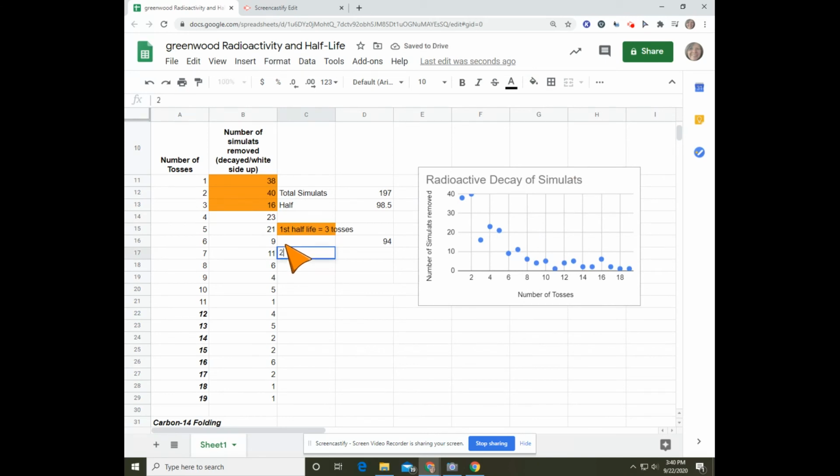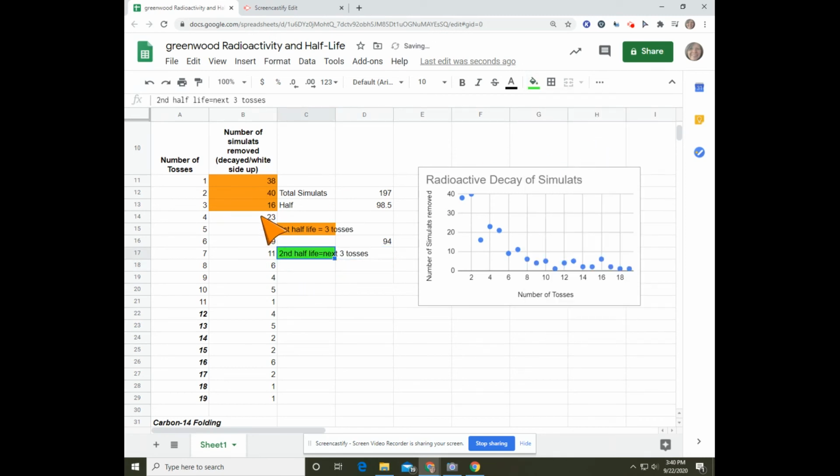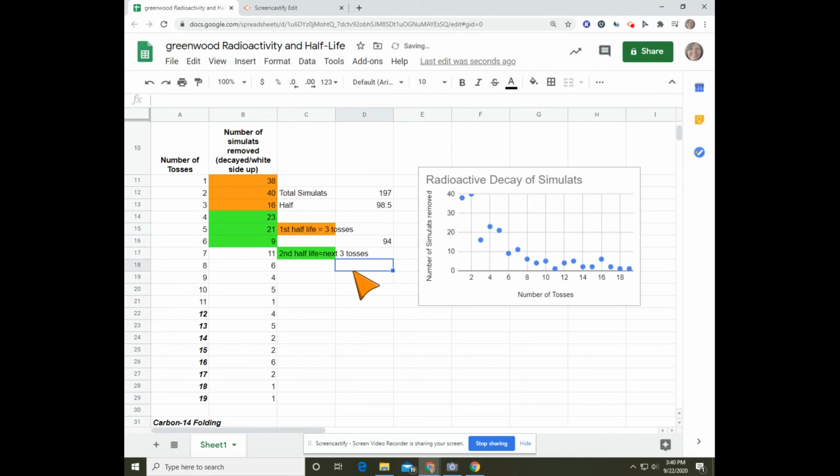Second half-life. The next 3 tosses. And so that, let's go ahead and label that a color. These 3 tosses. And what is that total?